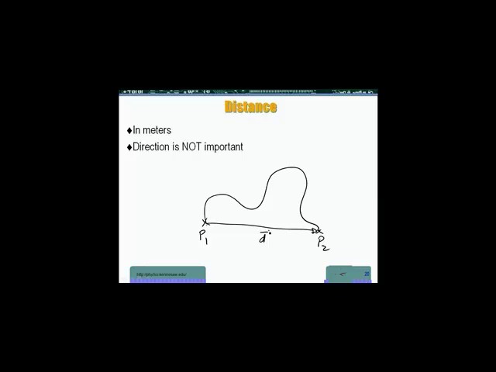That would be my displacement. The distance traveled, however, is going to be the length of this curve, the overall length. Now, there are cases where the magnitude of the displacement is the same as the magnitude of the distance. That's if the motion is along a straight line. But in most cases, they are different.